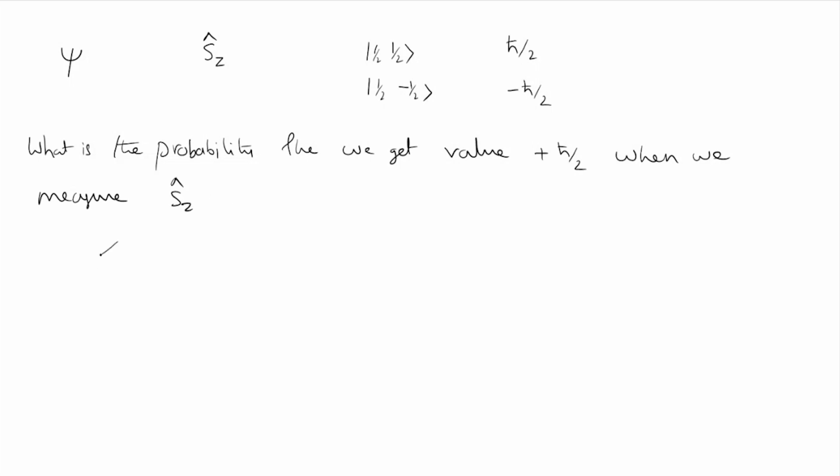Answer: take this psi and plus half. You have to sandwich psi with the eigenfunction of your measurement. The value is h over 2, the eigenfunction is this. You sandwich and you take the square. We do this very often, so try to get this picture in mind.